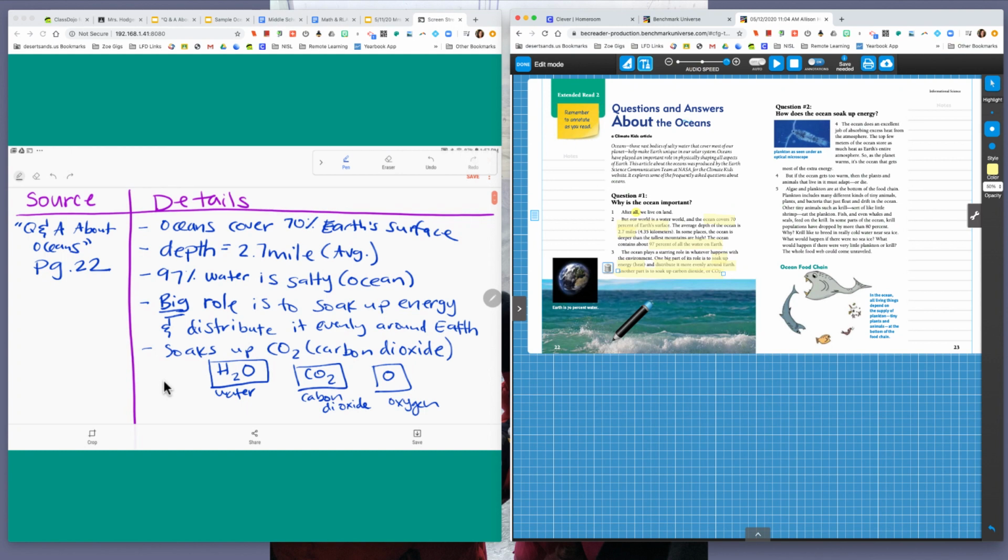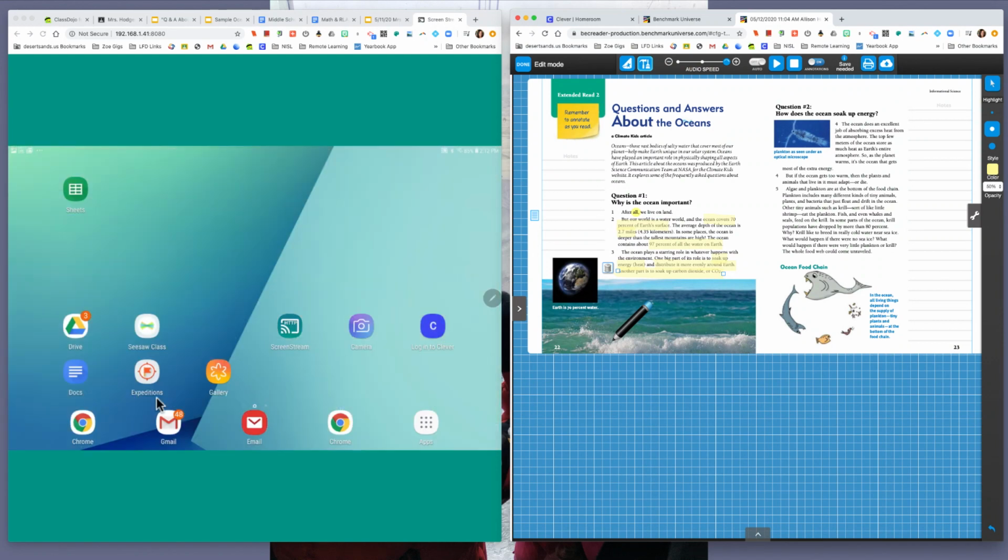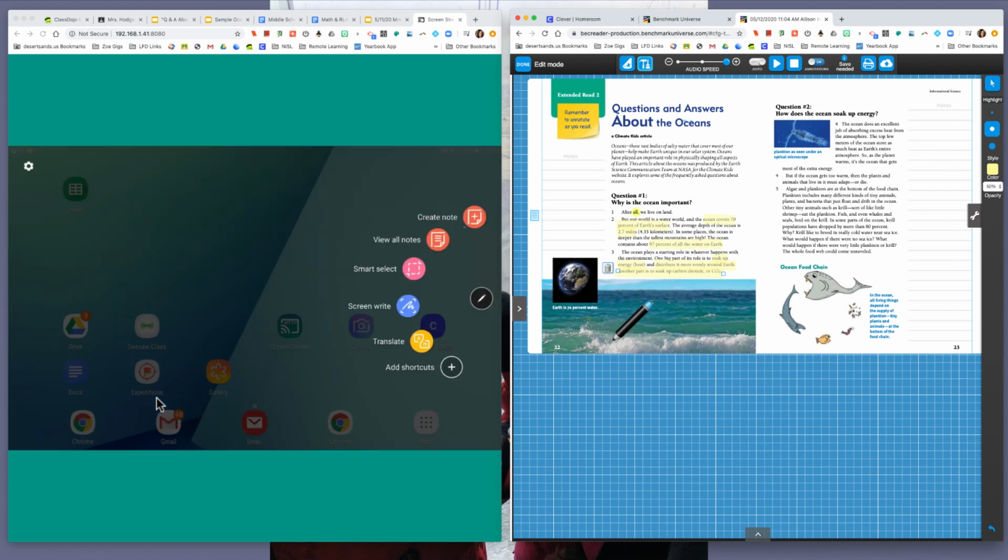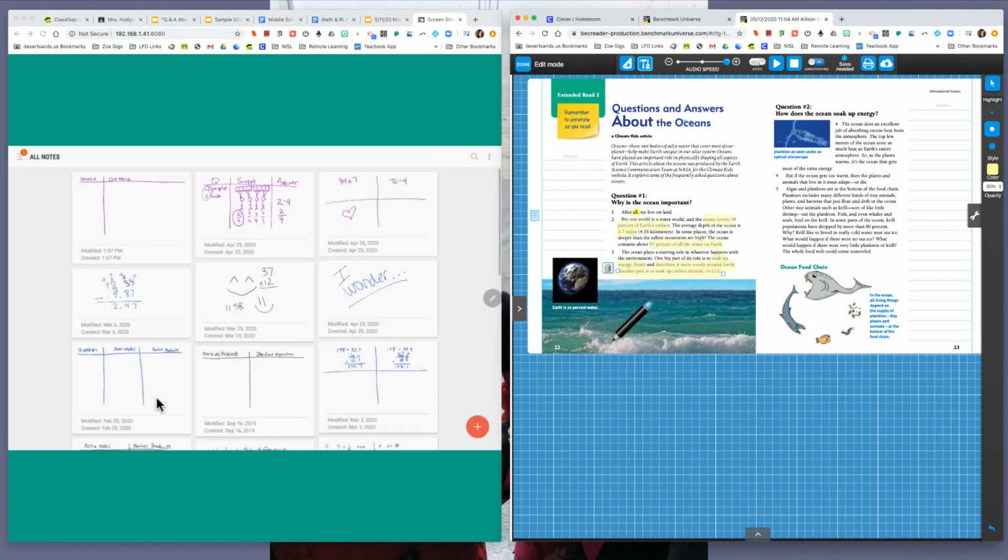Well, I'm trying to find it, but I don't see anything that's helpful. Okay, so these are our notes for just this one page. So now I'm going to save this. If I was going to move on to question number 2 on the source side, I would just go ahead and put question number 2, or even write out the question.